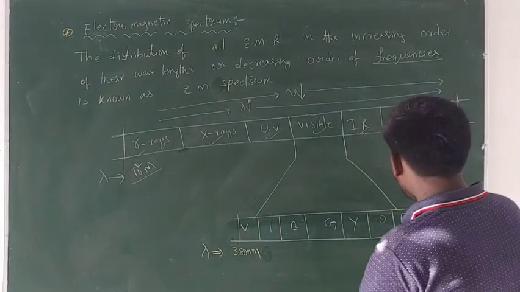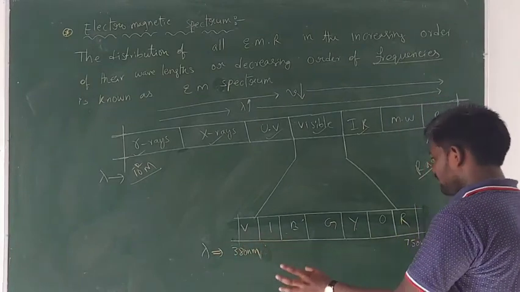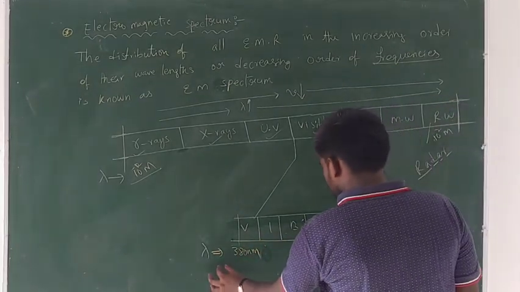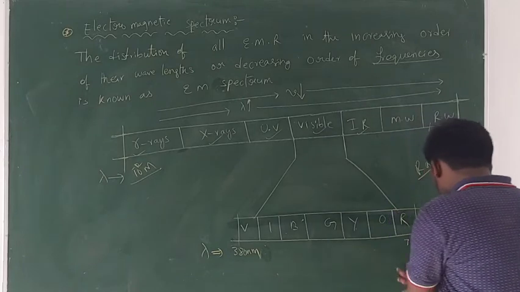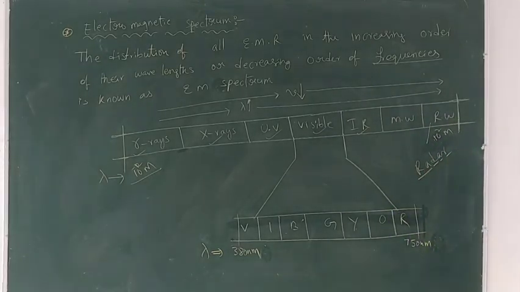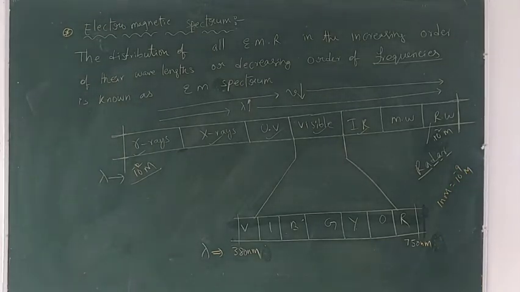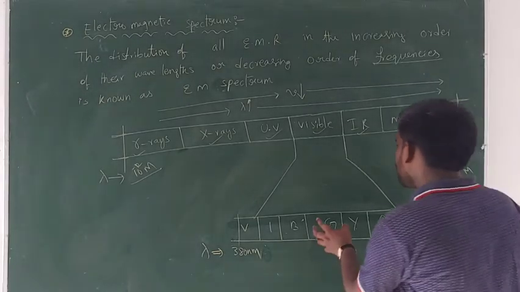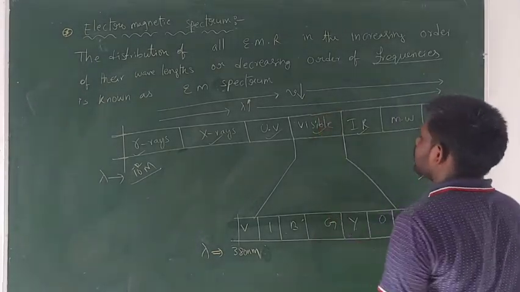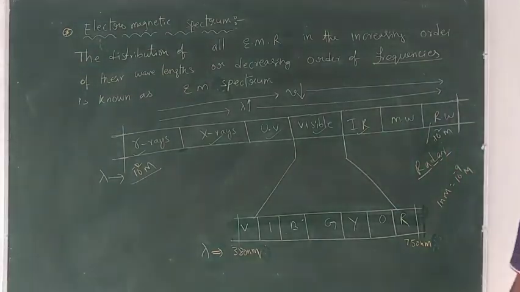The wavelength range of the visible spectrum is 380 nanometers to 750 nanometers. We know already that 1 nanometer is equal to 10 power minus 9 meters. So this visible spectrum is a small component of the electromagnetic spectrum.